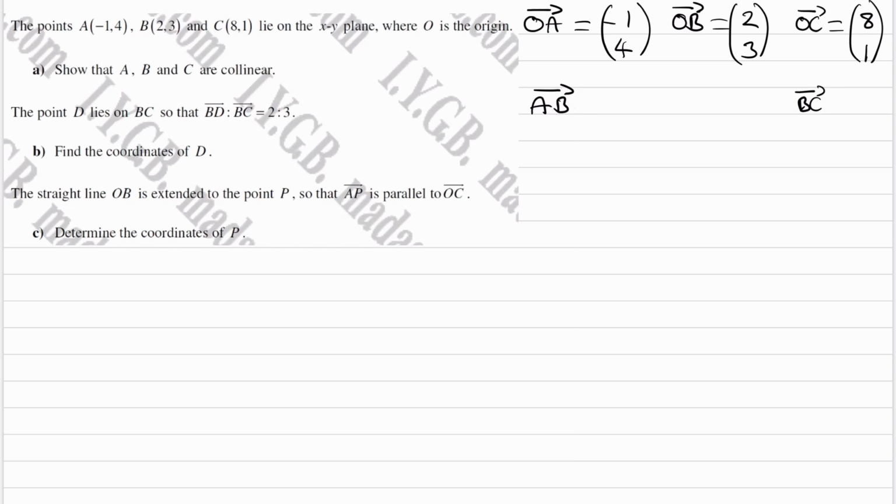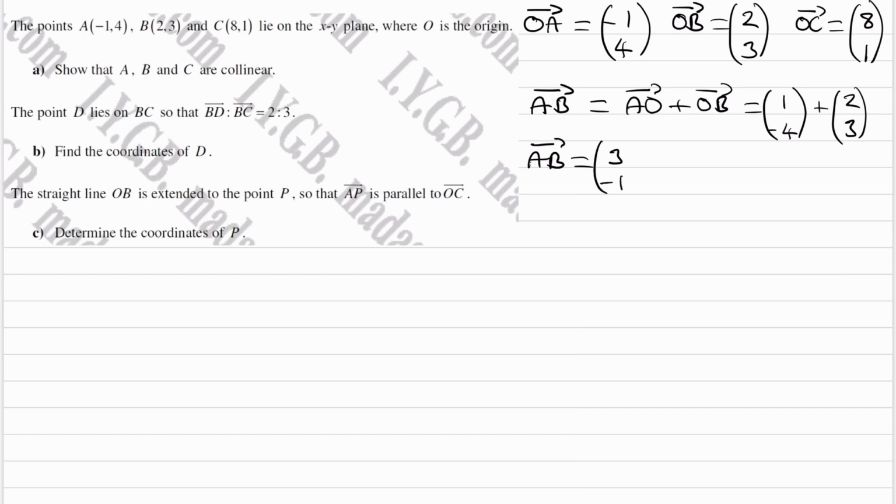Let's start with AB. AB is equal to A to O plus O to B. A to O is the negative of O to A, so (1, -4). O to B is (2, 3). So this will then be (3, -1).